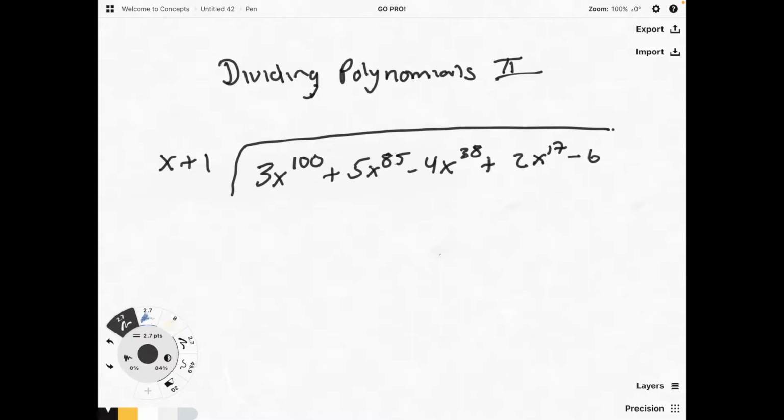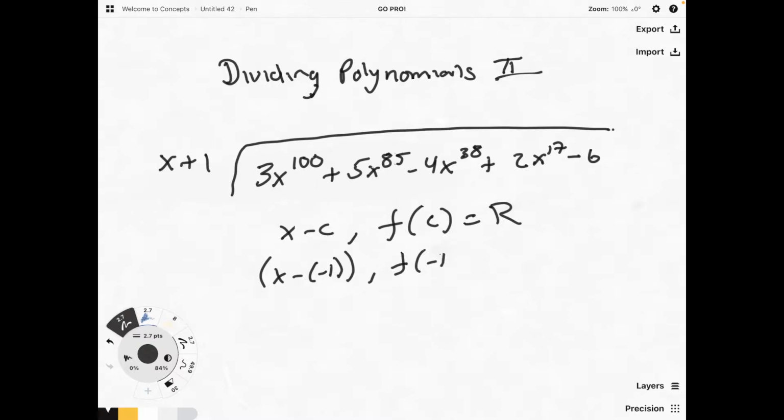But the rule that we just talked about states that if you have x minus c and c is a real number, then the function at c is going to be equal to your remainder. And so in this case, we see that we have x minus a negative 1, which means that if we take f of negative 1, that's going to be equal to our remainder.